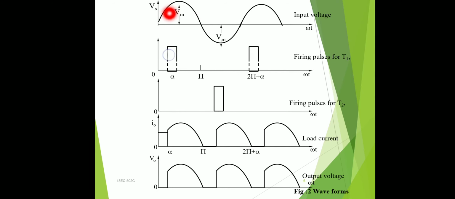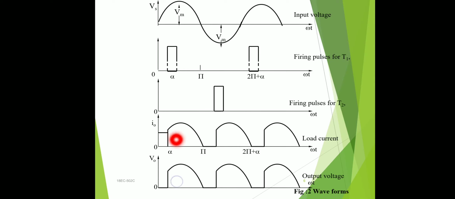For the positive half cycle, firing pulses. After this alpha firing angle, this T1 is in the conducting mode, and the output current I0 and V0 are like this.